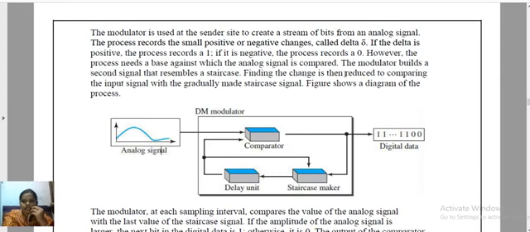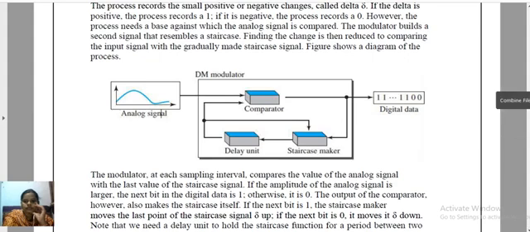So the modulator's work is to represent the analog signal as a stream of bits. This is the function of the DM modulator, the delta modulation modulator. The same is done at the receiver side by the demodulator.